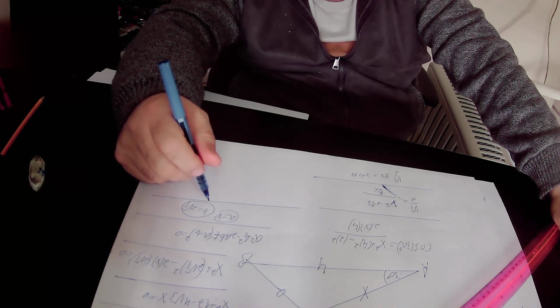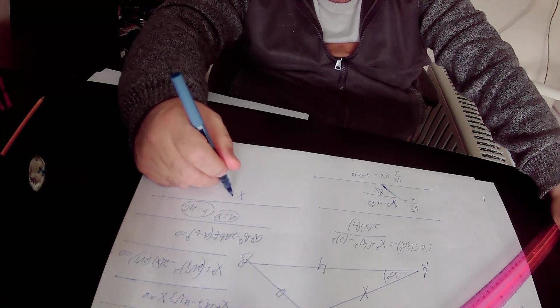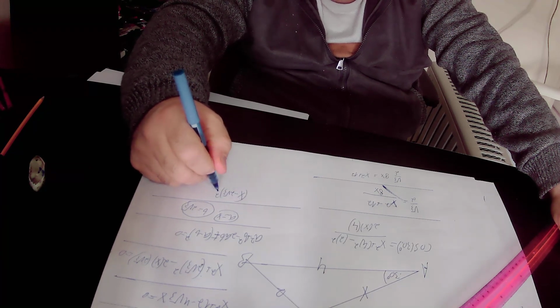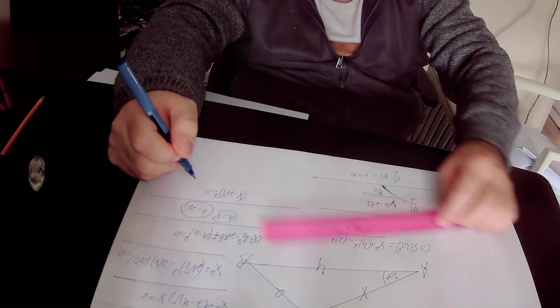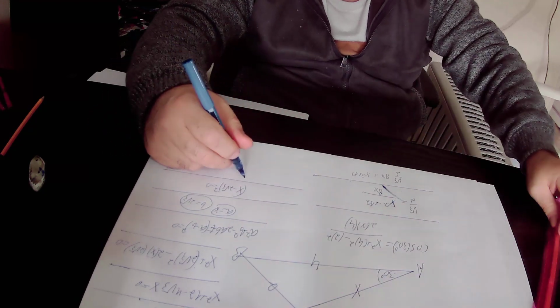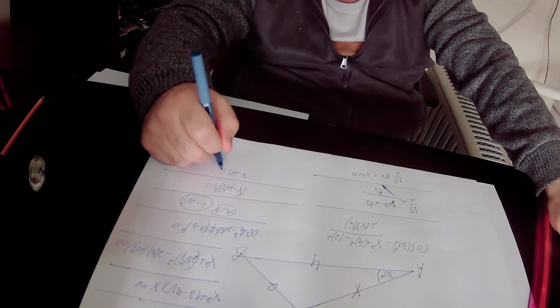So a minus b, it is actually x minus 2 times square root of 3, squared, that equals 0. Here we will take a root out of this equation and we will get that x minus 2 times square root of 3 equals 0.